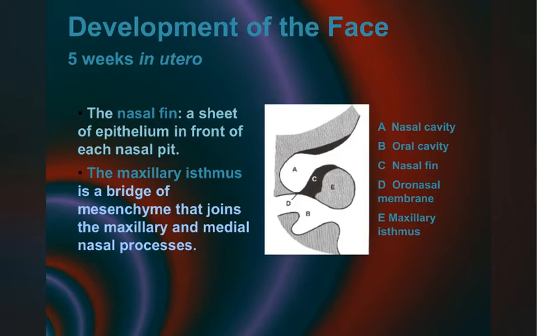Here we can identify the maxillary isthmus, letter E, and above it we see an ectodermal elevation called nasal fin. The nasal fin is a sheet of epithelium in front of each nasal pit. Maxillary isthmus is a bridge of mesenchyme that joins the maxillary and medial nasal processes.